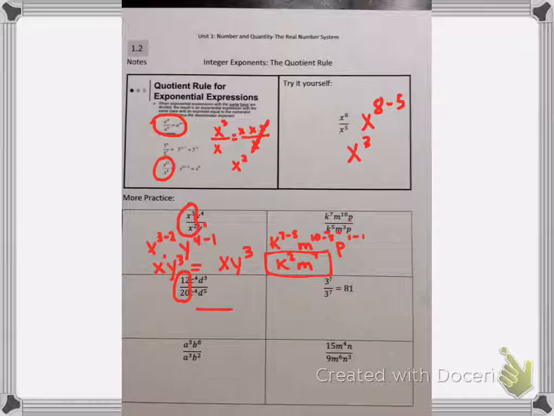So on the top you're going to get 3, and on the bottom you're going to get 5. So you'll have 3/5. Let's just write 3 over 5, and we'll talk about the rest of our variables here.